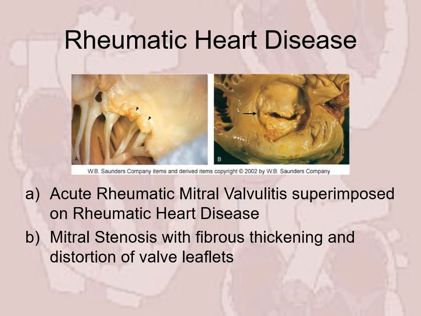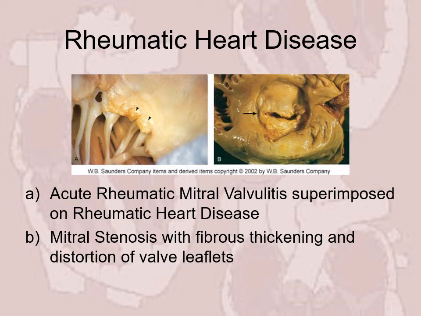So rheumatic heart disease, A shows you an acute rheumatic mitral valvulitis superimposed on rheumatic heart disease. You can see the inflamed, swollen appearance of that valve, which usually is a very, very thin, almost transparent tissue. And B, mitral stenosis with fibrous thickening and distortion of valve leaflets.